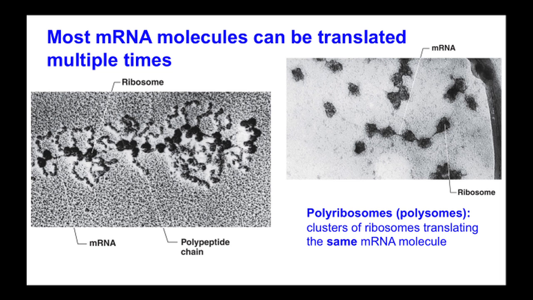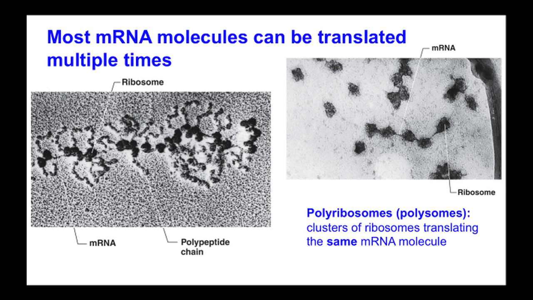The last thing I wanted to say is that most messenger RNA molecules can be translated many times. These images show you in the middle the line going along the horizontal, which is the messenger RNA. The large round balls that are attached to it are ribosomes. The point is that multiple ribosomes are attached to that messenger RNA, and they're moving along it from 5' to 3' at the same time.